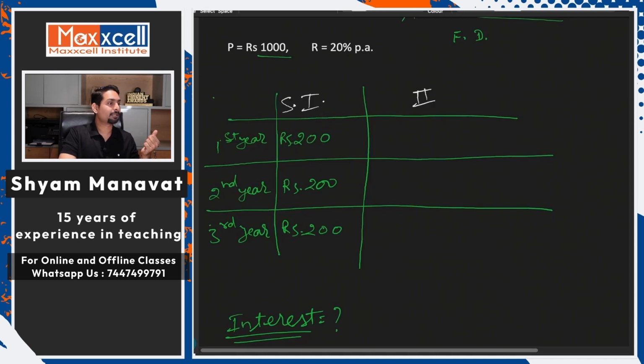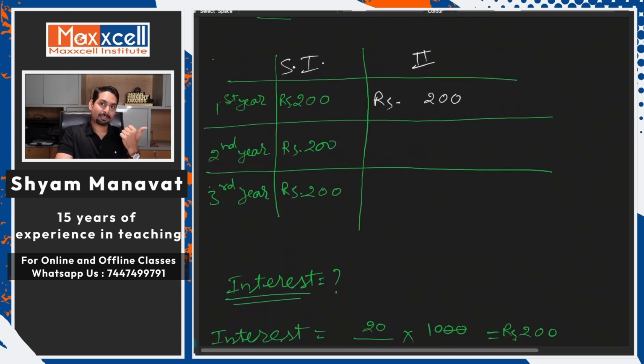You will agree with me that it is 20% on 1000. So 20% on 1000 in the first year is going to be rupees 200. Correct? Right now, just get rid of that formula from your mind. Keep it simple. Application of percentage: 20% on 1000 is 200. We calculated it multiple times here.